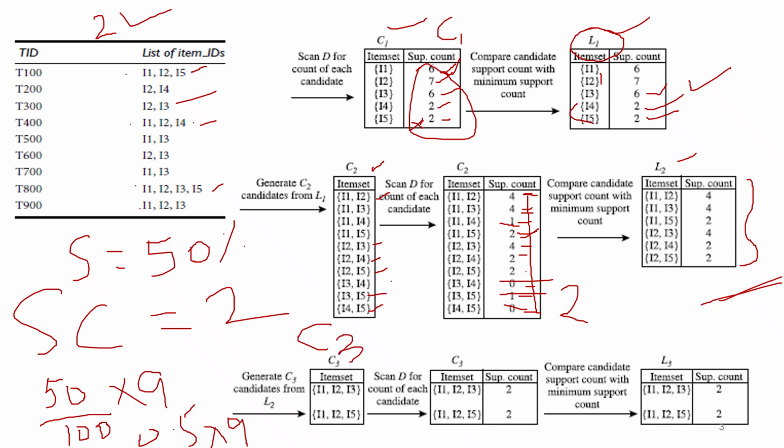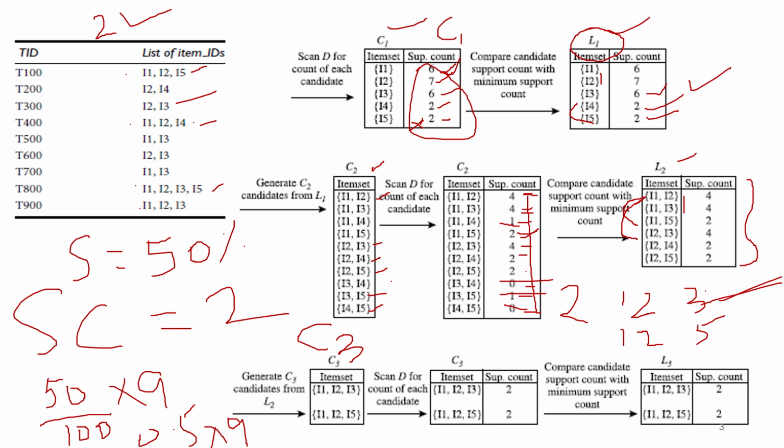Now let's make the combinations. We'll have I1, I2, I3 as one combination. Then I1, I2, I5. Now I1, I2, I3 is already there.